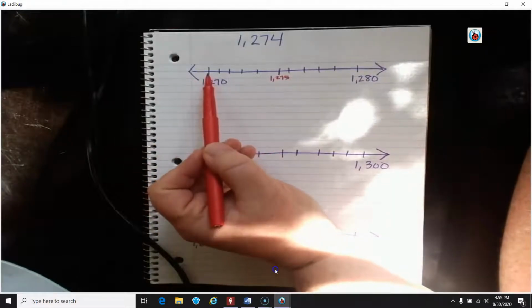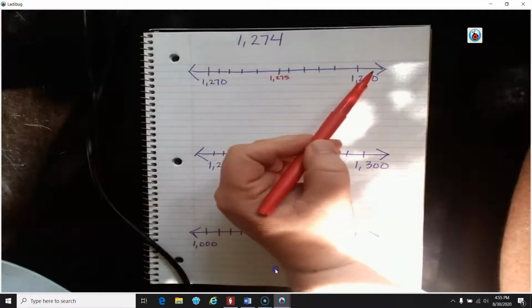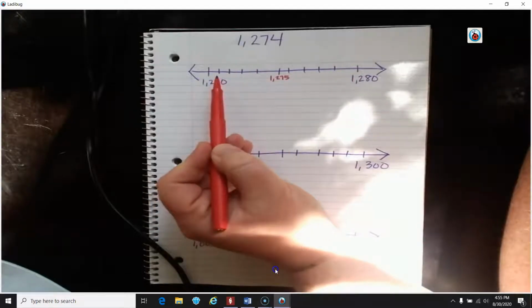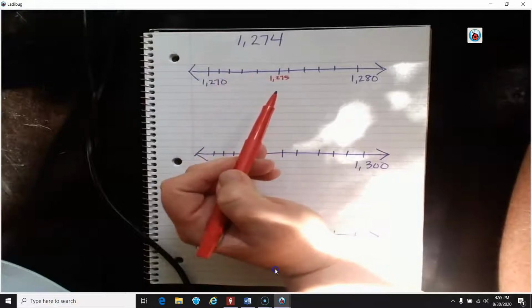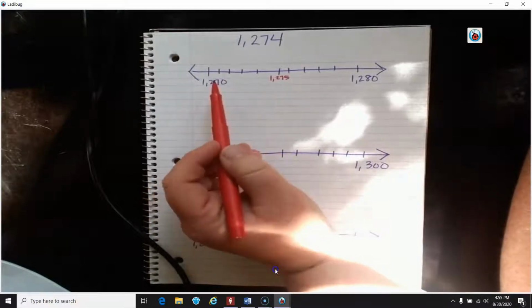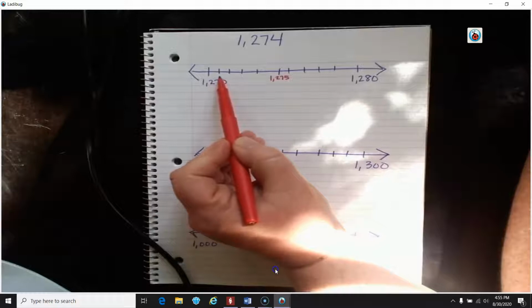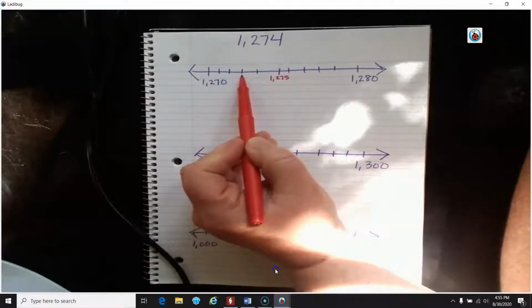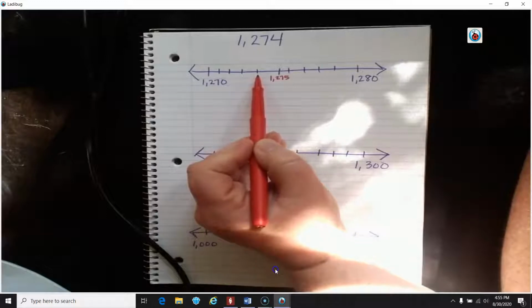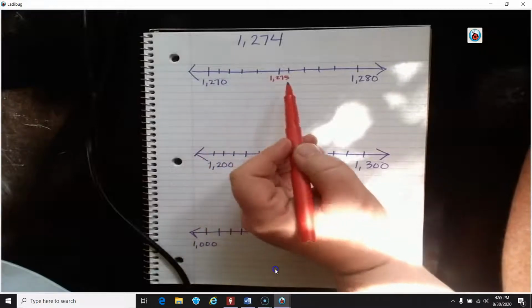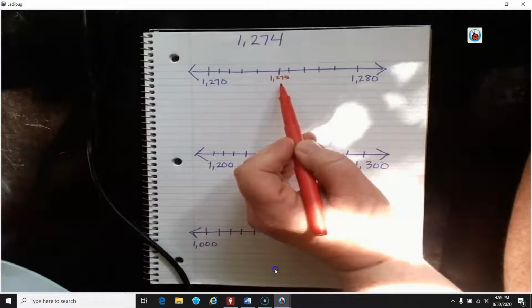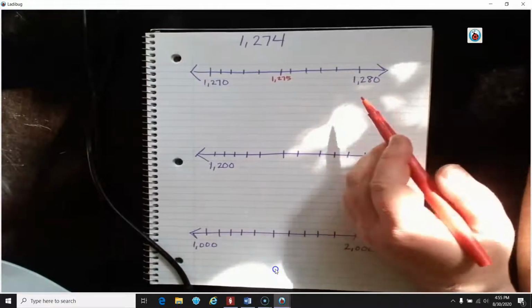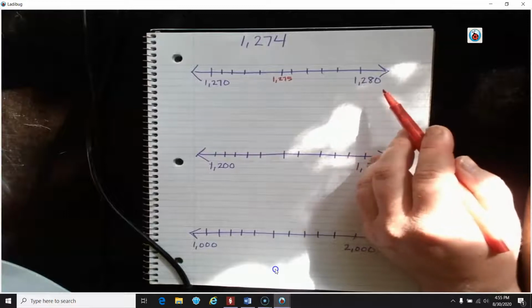Now, I'm not going to label every little mark because it would get kind of hard to read, but we know that if we're going from here to here, which is a jump of 10, and we have 10 spots, then each spot on the number line is going to be worth 1. So this would be 1,271, 1,272, 1,273, 1,274, 1,275, 76, 77, 78, 79, all the way up to 1,280.